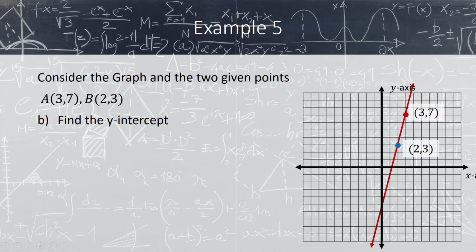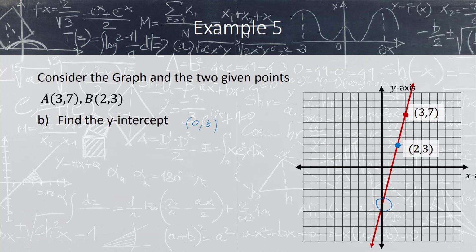Okay, now we need to find the y-intercept. That is going to be the ordered pair where the second value is the value of y when the line crosses the y-axis. And notice it crosses the y-axis here. Since the line is really steep, it's kind of hard to read, but that should be -1, -2, -3, -4, -5.